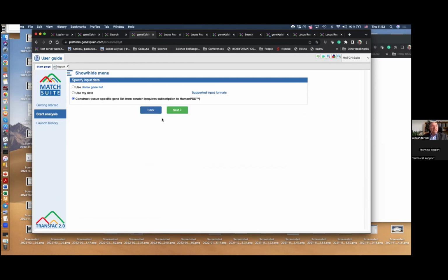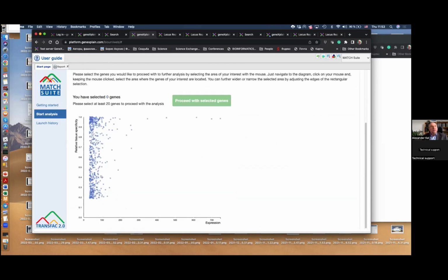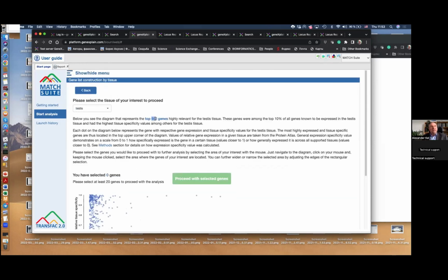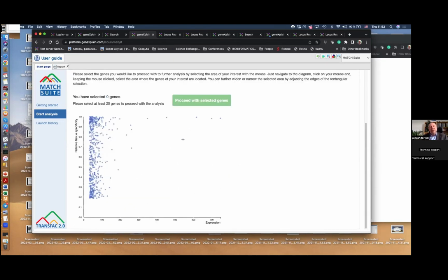You go here and simply select a tissue of your interest, let's say testis, and then it gives you a set of genes which are tissue specific. So basically these 552 genes are testis specific genes, irrespective of whether they are transcription factors or just normal genes. Each dot here is one gene.